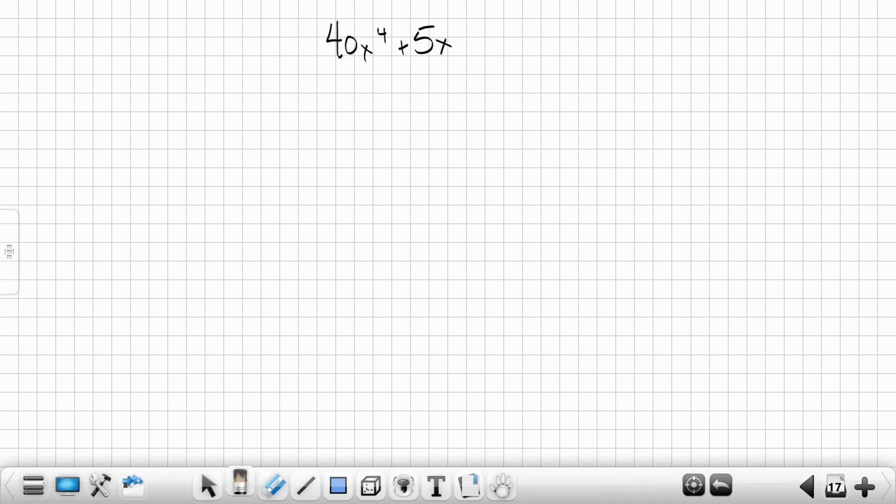If there's something we can take out of every term, do it. Take a 5x out of 40x to the fourth, what do I have left? 8x to the third. If I take 5x out of 5x, what do I have left? 1. And now this looks almost identical to the previous problem. It just has a plus instead.